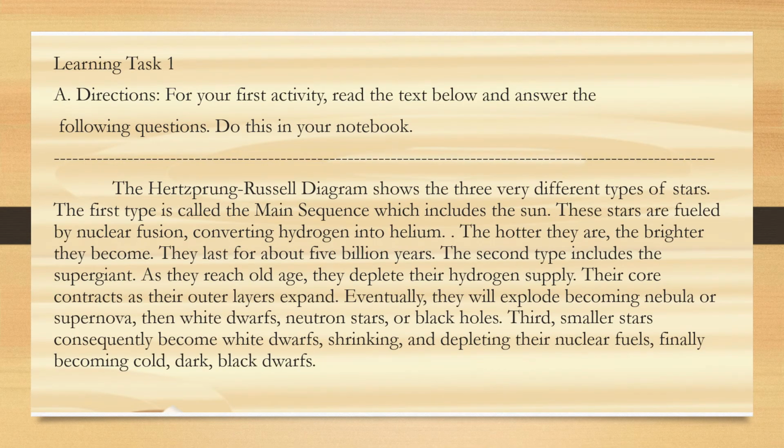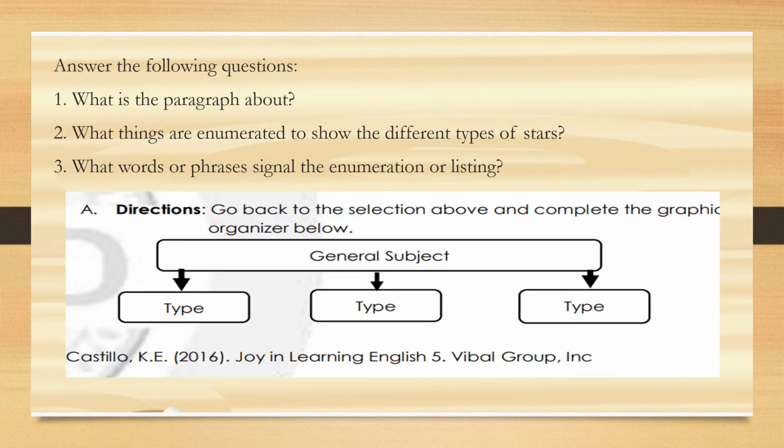Now, let's have some learning tasks to do. Learning Task 1. Directions: for your first activity, read the text below and answer the following questions. Do this in your notebook. Here are the questions. Number 1, what is the paragraph about?